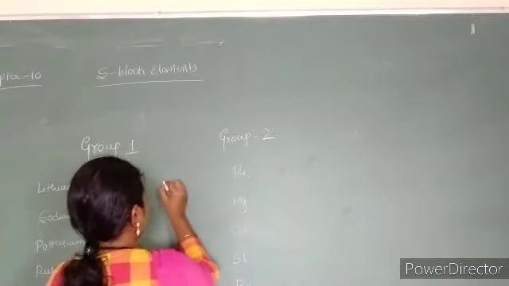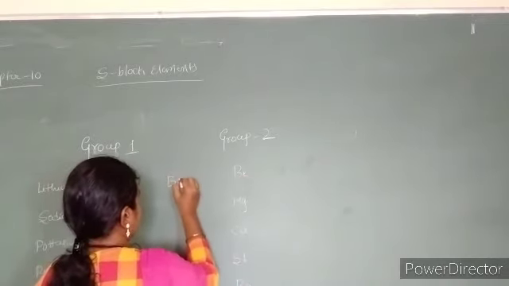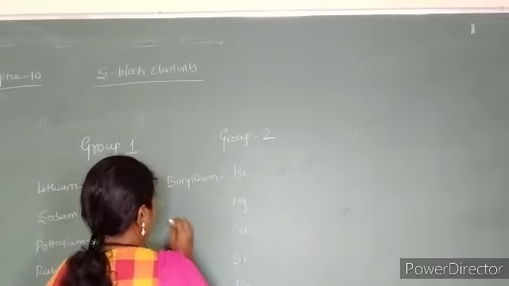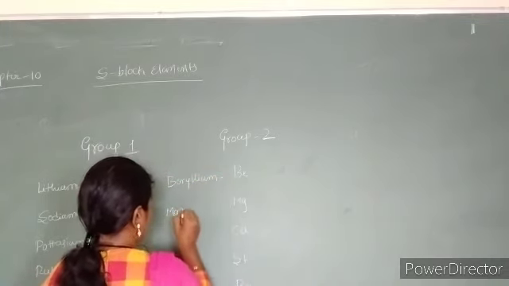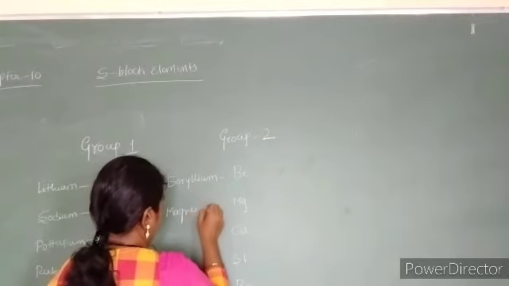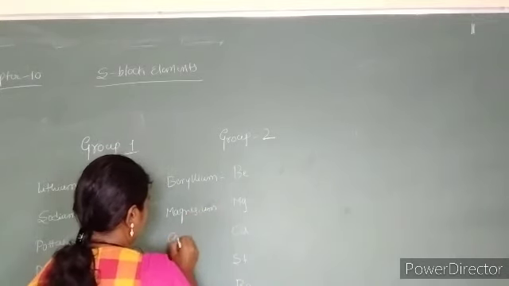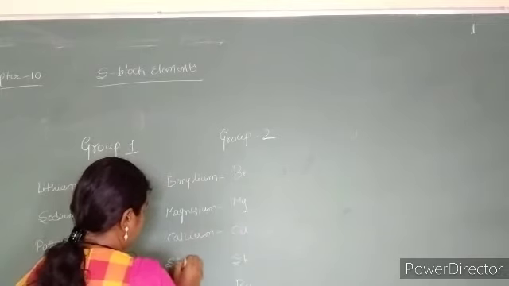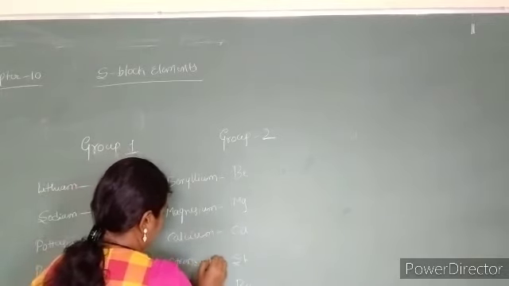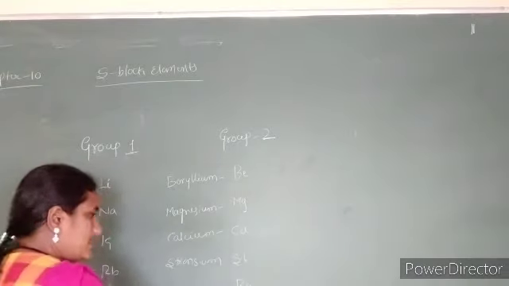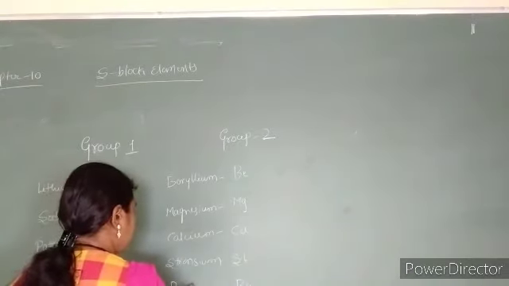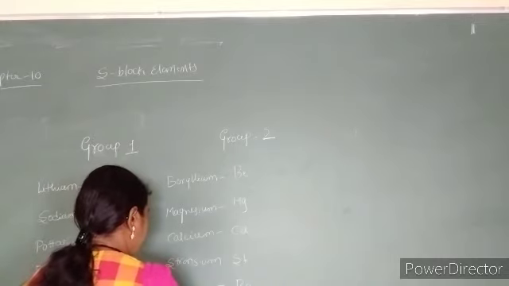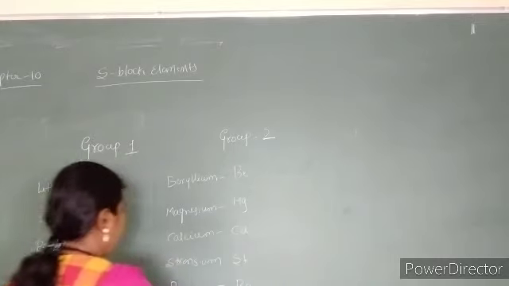Next, beryllium is Be, magnesium is Mg, calcium is Ca, strontium is Sr, barium is Ba, radium is Ra.